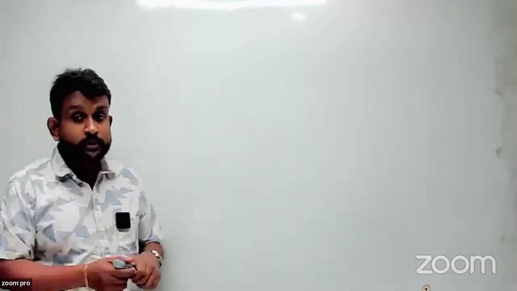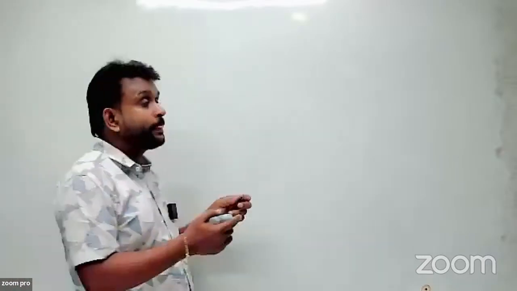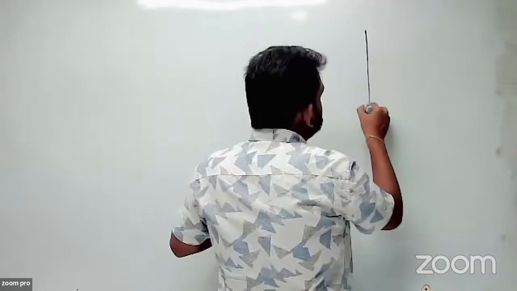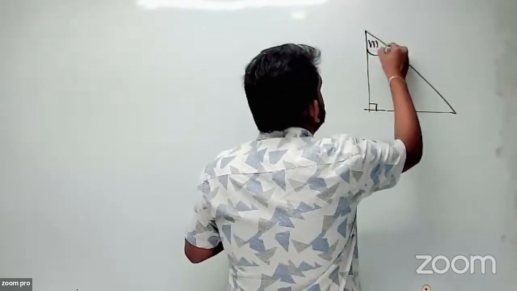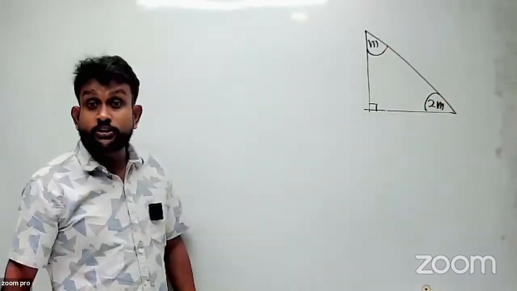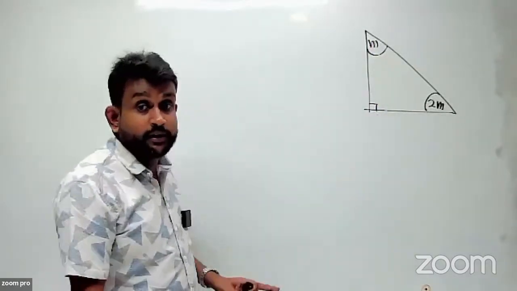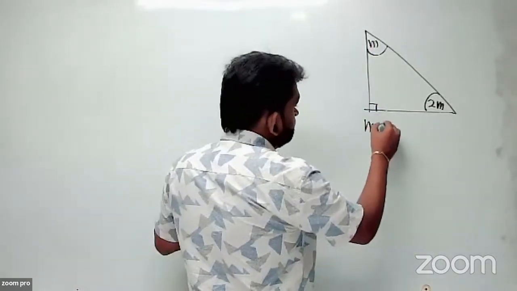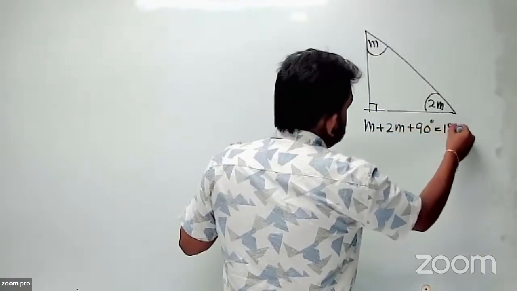Right, find the value of m. That is a very simple question, question number 18. Here 90 degrees, here m and here 2m. So how to find the m value? Just write all the three angles add up to 180, so you can write m plus 2m plus 90 degrees equals 180 degrees.